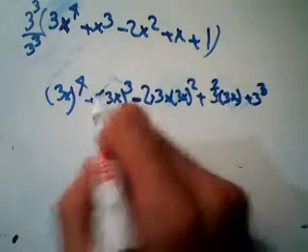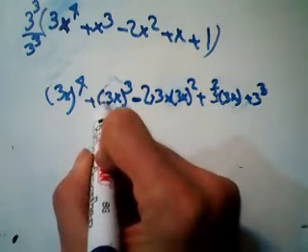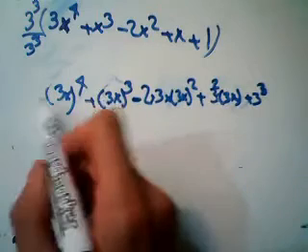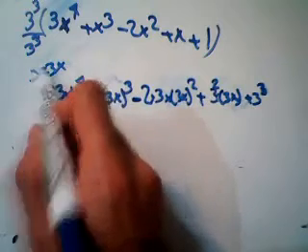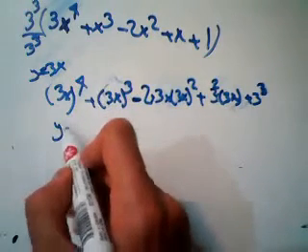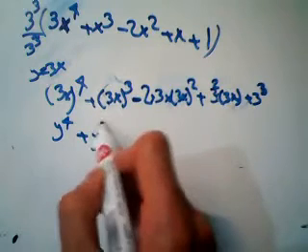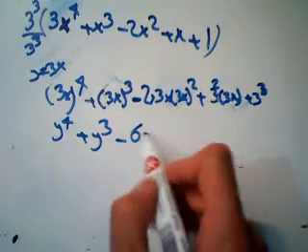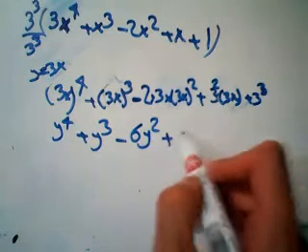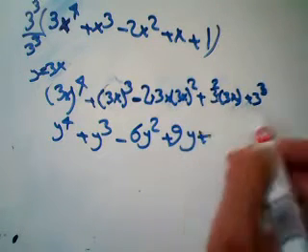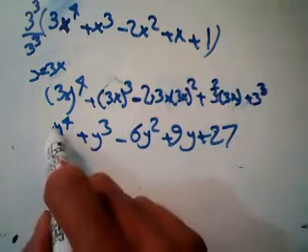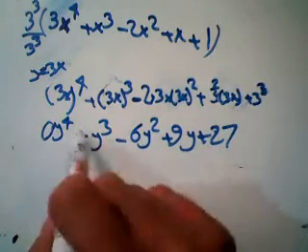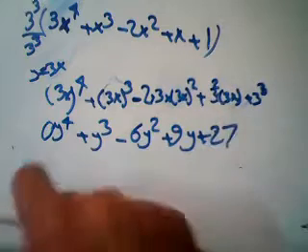Now, instead of 3x, write y, or take y to be equal to 3x. And that is y to the power of 4 plus y cubed minus 6y squared plus 9y plus 27.